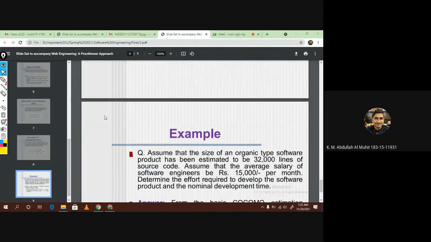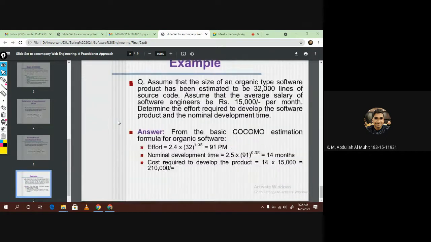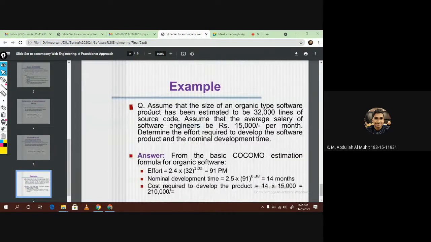Now let's look at this example. First read the question. Assume that the size of an organic type of software product has been estimated to be 32,000 lines of source code. So it is already said that the type of the software product is organic. But in other questions, it wouldn't be said directly that it's organic, embedded, or semi-detached.